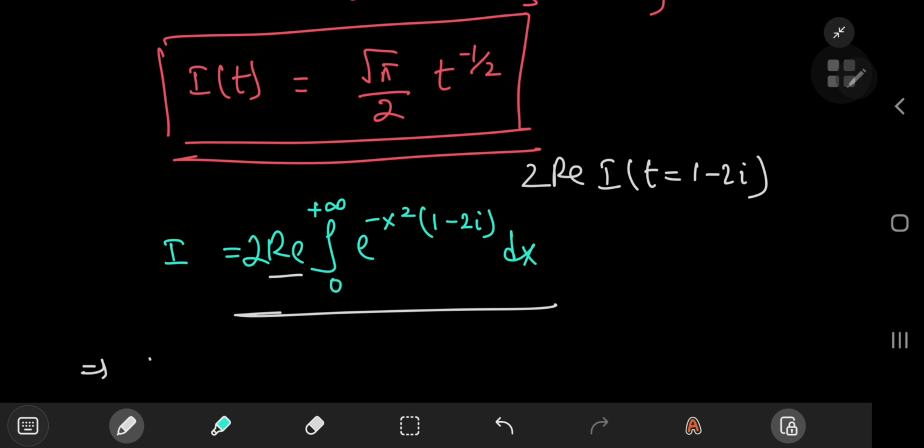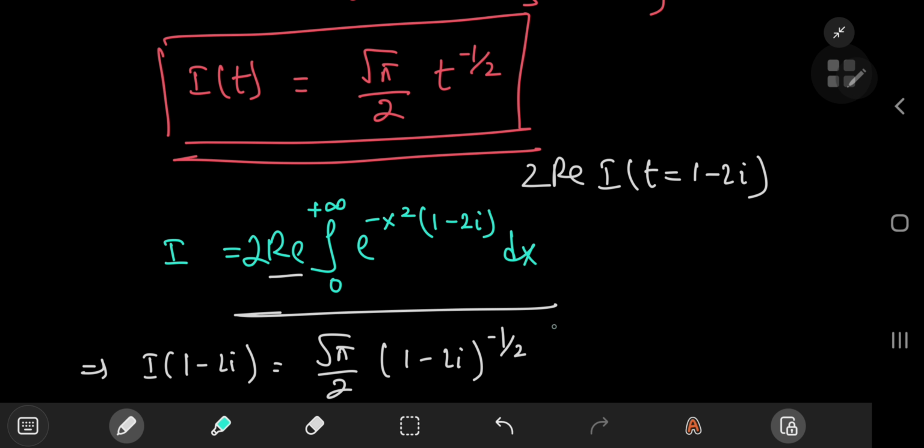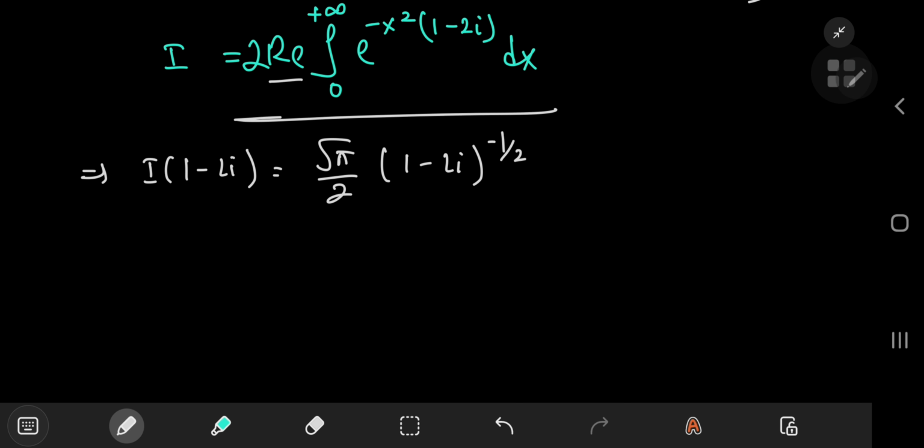Okay, cool. So I at 1 minus 2i equals the square root of pi by 2 times 1 minus 2i to the negative 1/2 according to the relation we just derived. So we can simplify the right-hand side using some beautiful complex analysis.